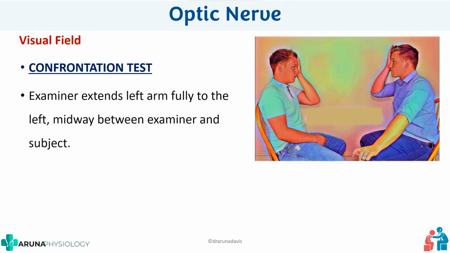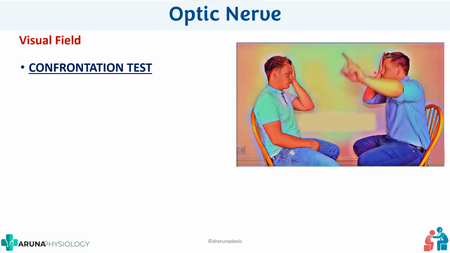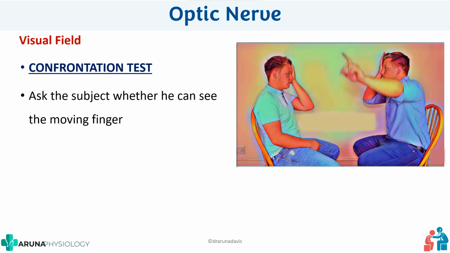Then the examiner wiggles the index finger towards the center until it is just visible to the examiner. This is how the examiner should wiggle the hand. You ask the subject whether he can see that wiggling or moving finger.